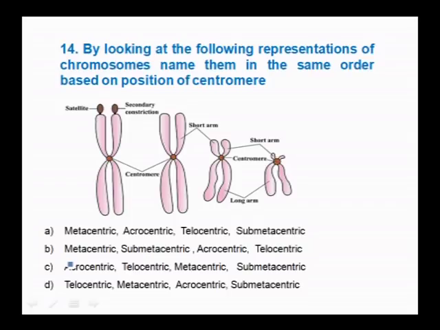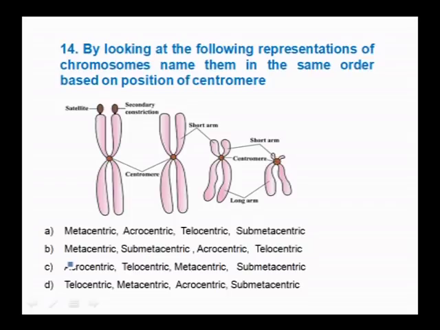The third diagram indicates once again the centromere away from the center, almost near the end, and the fourth diagram has the centromere almost at the tip with a very short arm on the upper side. So this set of diagrams indicates the chromosomes can be classified as metacentric, submetacentric, acrocentric and telocentric respectively.